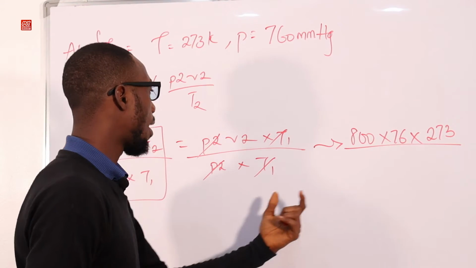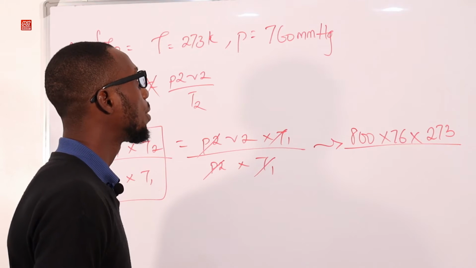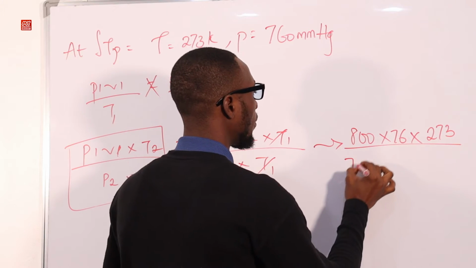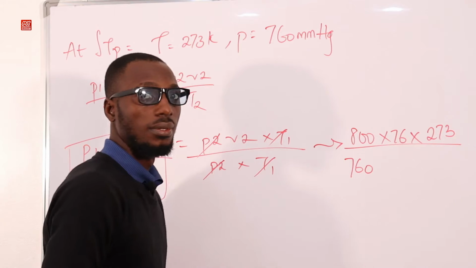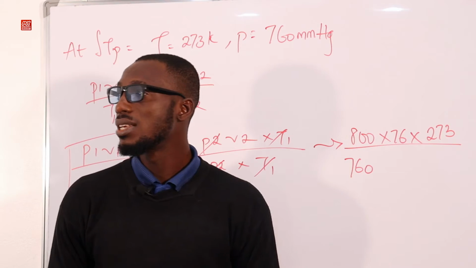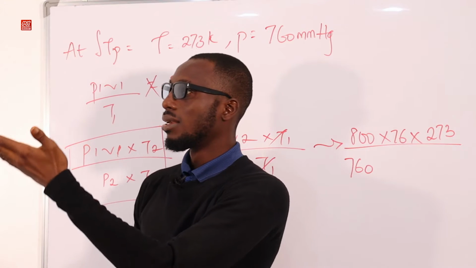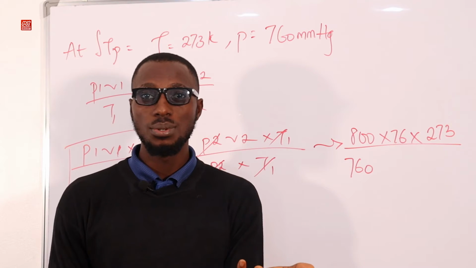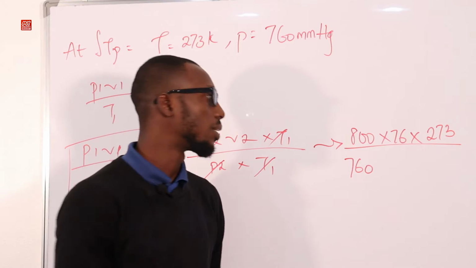So we have our P2 T1. Our P2 is given as 760, remember at STP. Then we have our T1. From the question, our T1 is given as 27. So 27 plus 273, converting to Kelvin, that gives you 300.